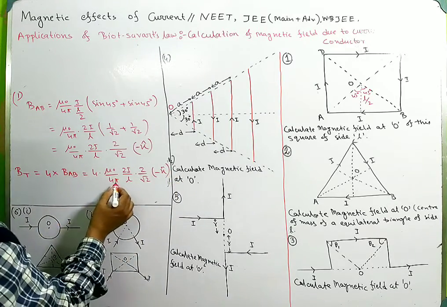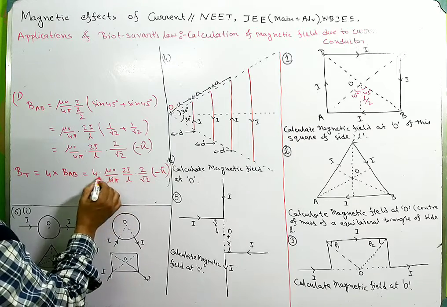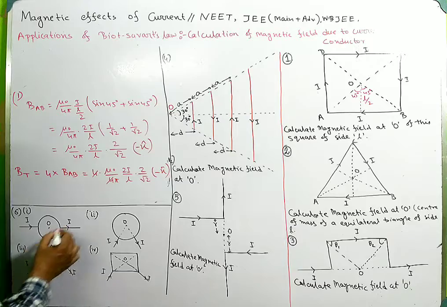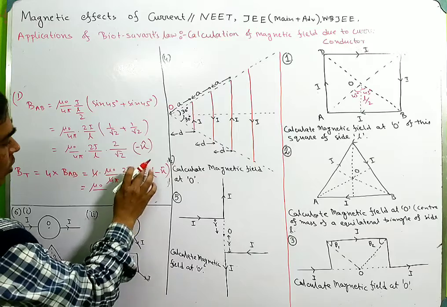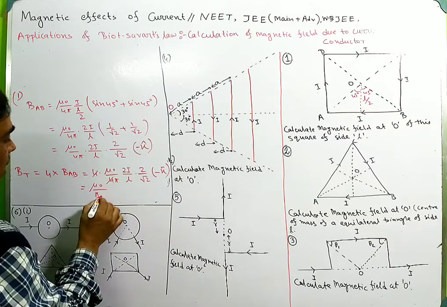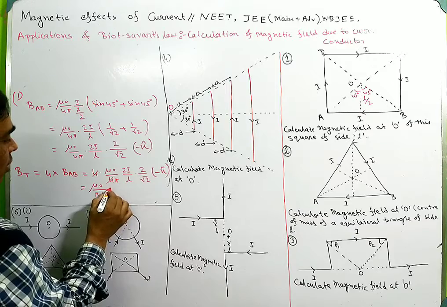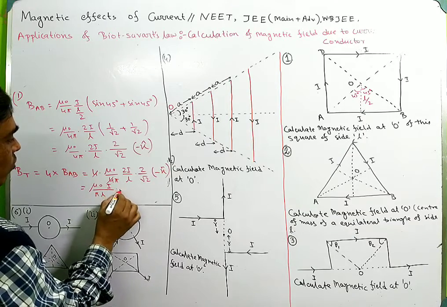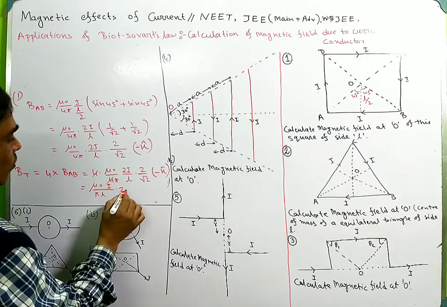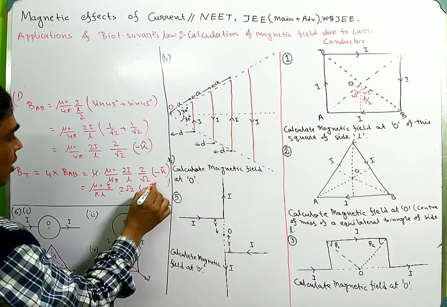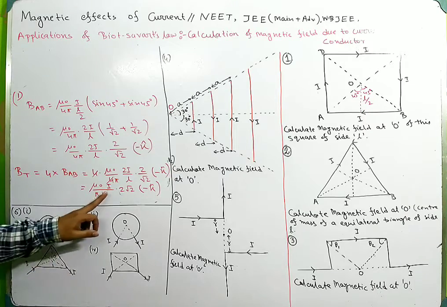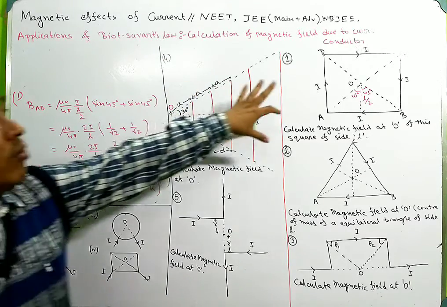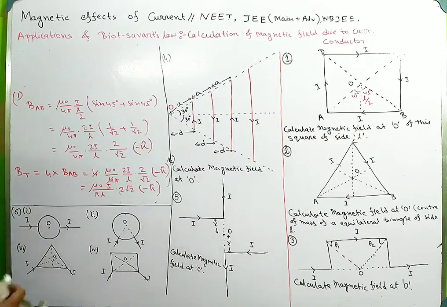Here the 4 cancels out, and it will be mu 0 by pi L into I into 2 root 2, minus k cap. So the magnetic field for this region will be 2 root 2 mu 0 I divided by pi L. So this is problem number 1.